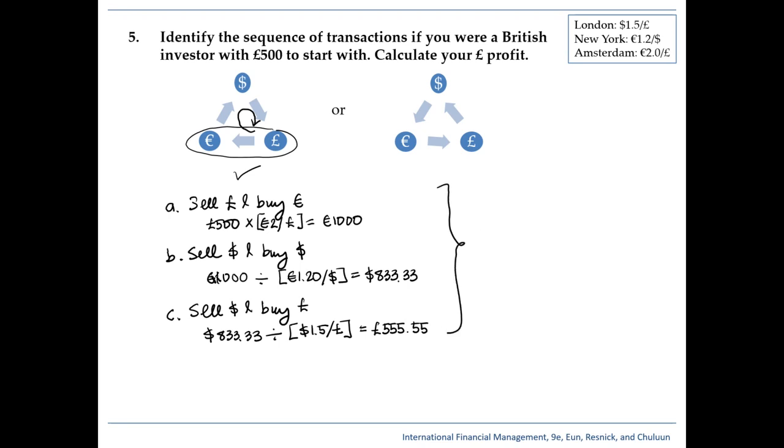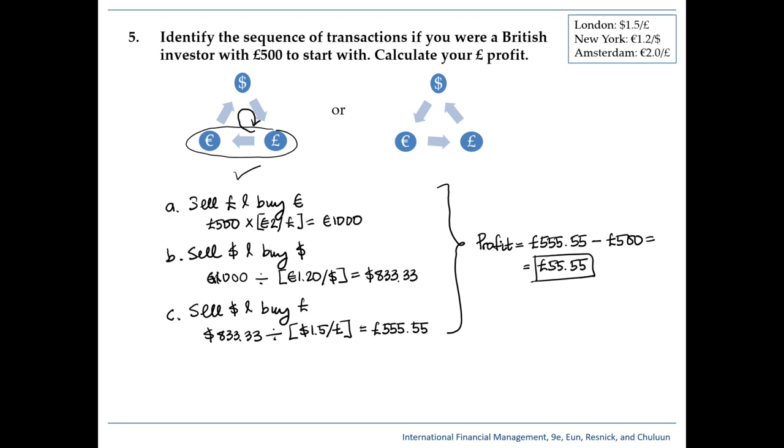So let's calculate your profit. Profit is simply the difference between the 555.55 pounds that you end up with and the 500 pounds that you started with. So the profit is 55 pounds and 55 cents.